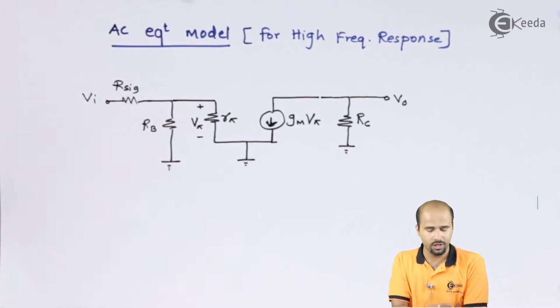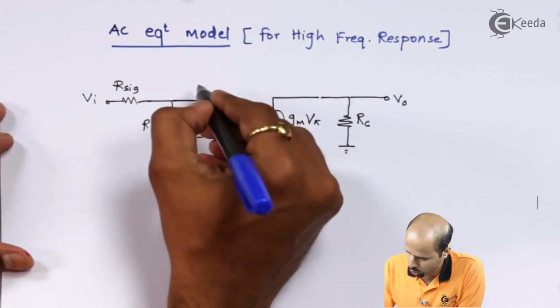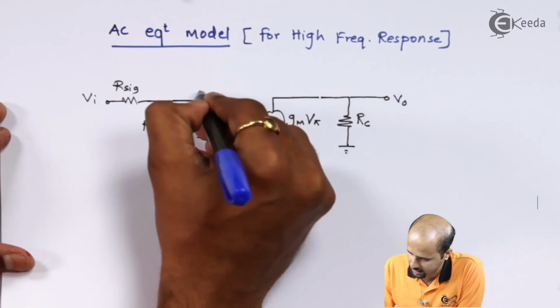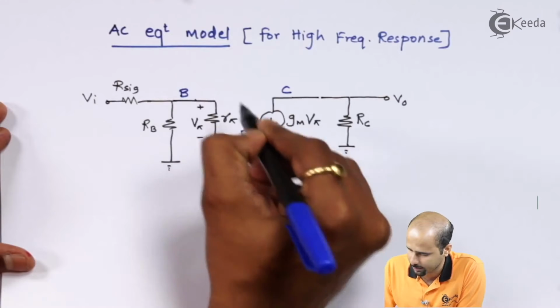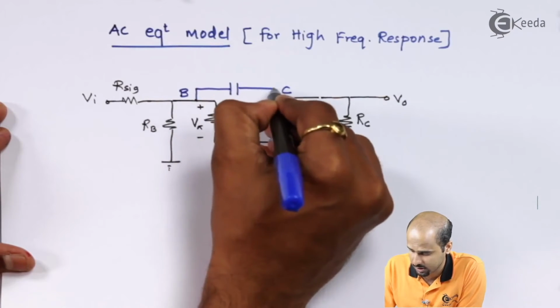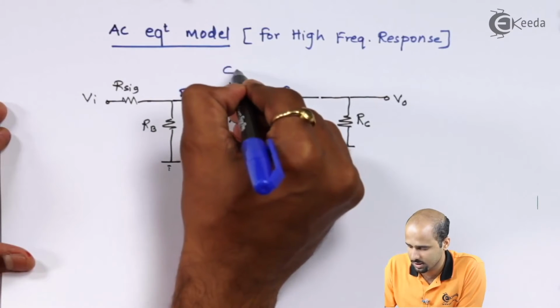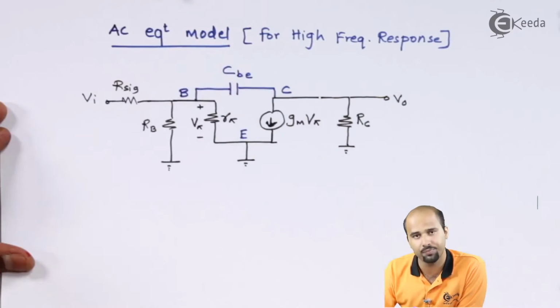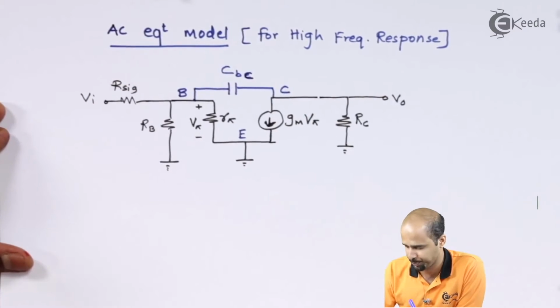Now here we have to draw the stray capacitances. In between base and collector, I will have the capacitance CBC, the collector base capacitance.